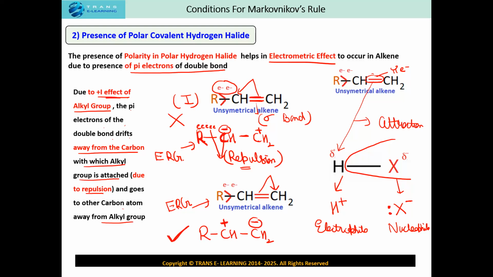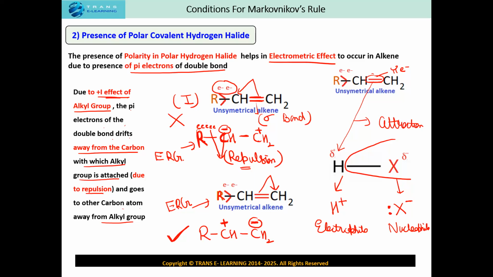I would like to tell you that the presence of the alkyl groups, due to the plus I effect, defines the side on which carbon atom the pi electron will go. As a rule, it will never go to the carbon atom which is attached to the alkyl group because of the plus I effect and the repulsion, as I've explained here.